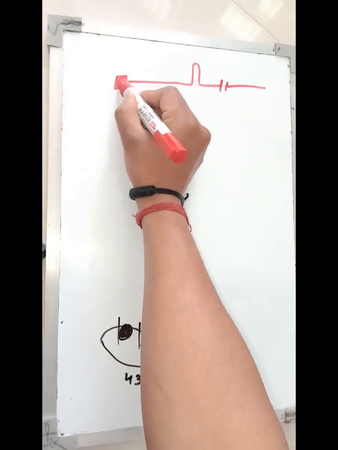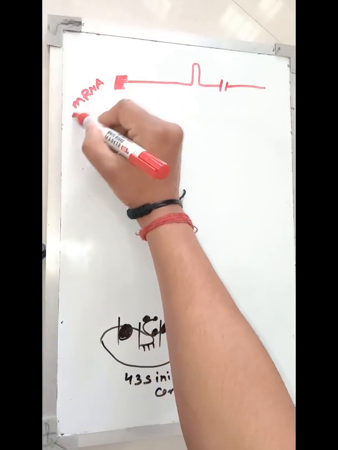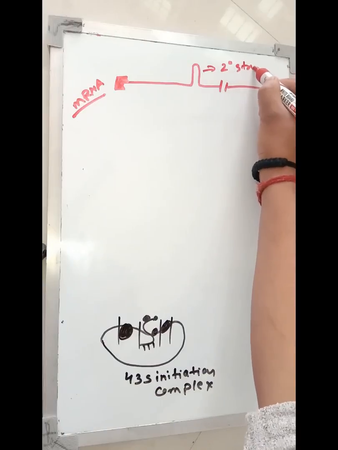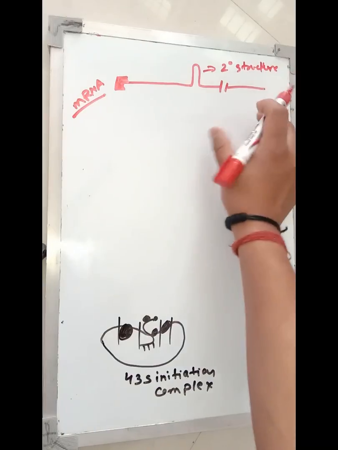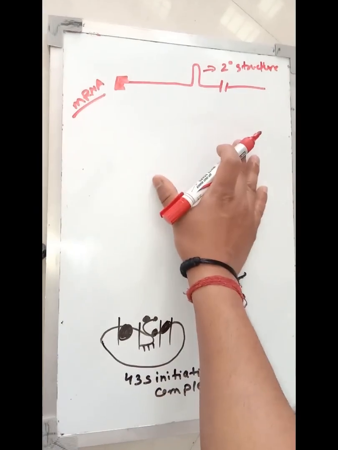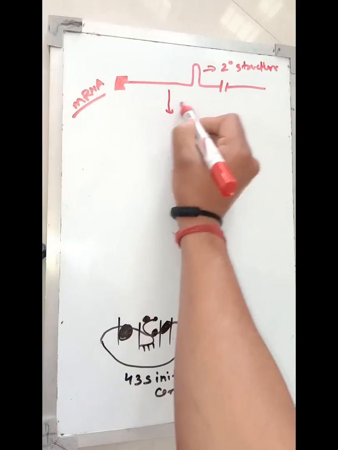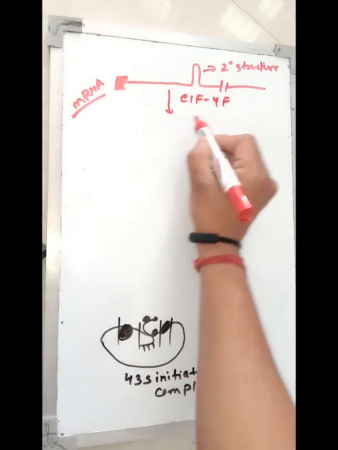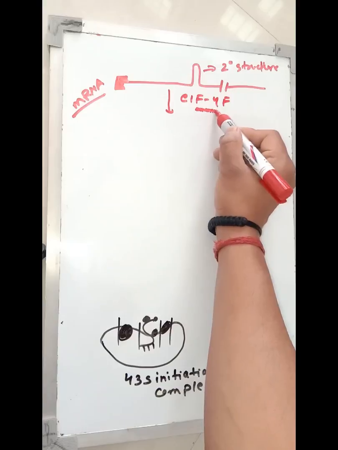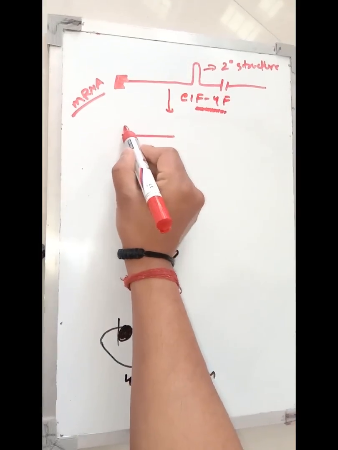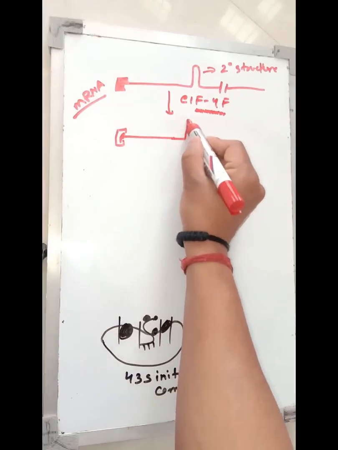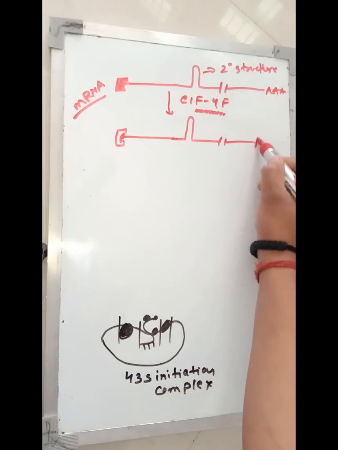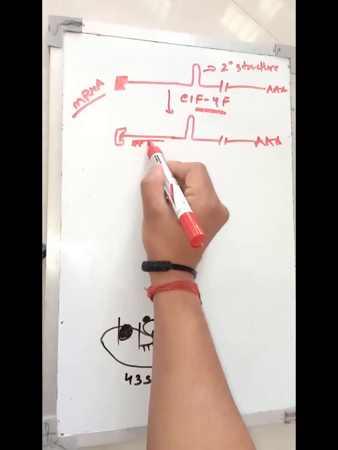Suppose it's mRNA. So there's a secondary structure that has to be removed before it will load to the 43S initiation complex. Now factor EIF4F will join here.